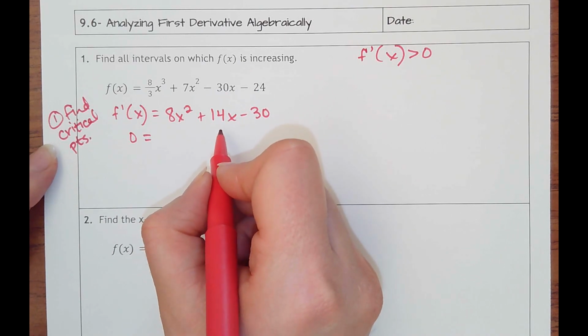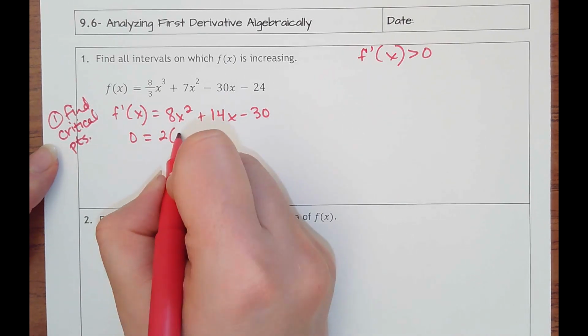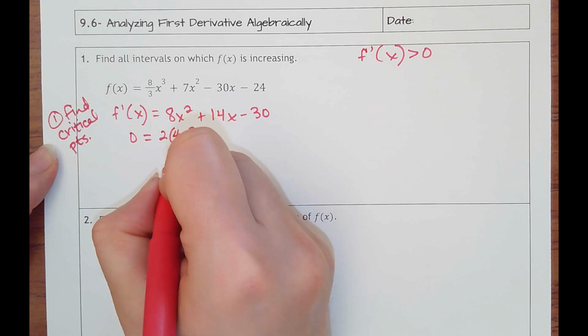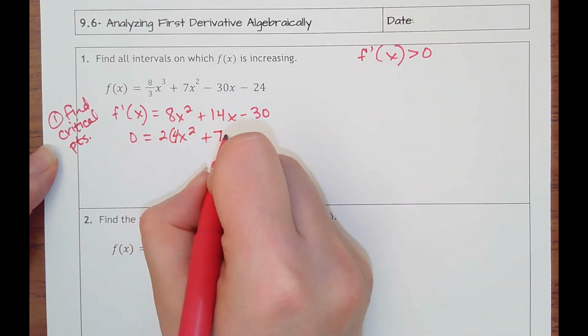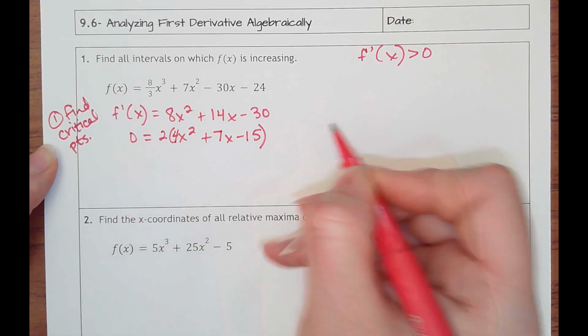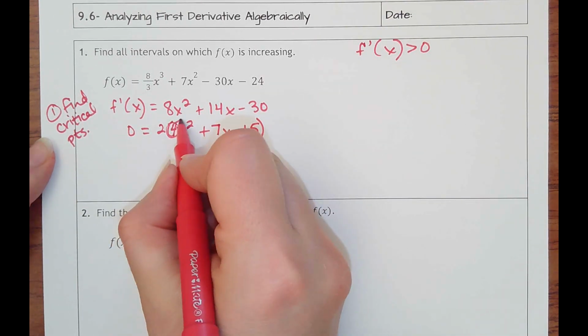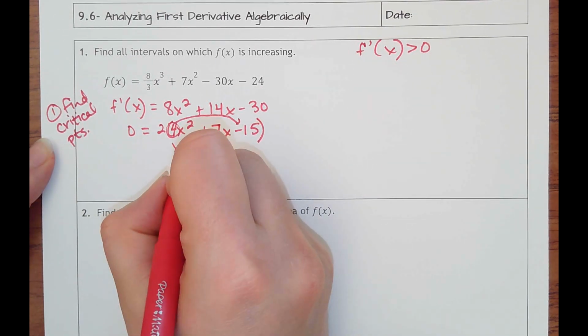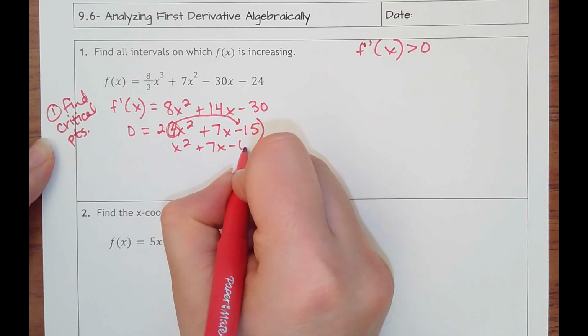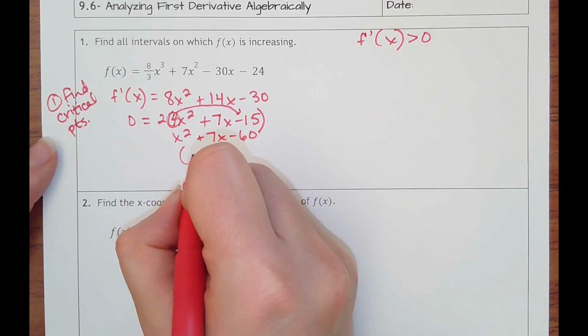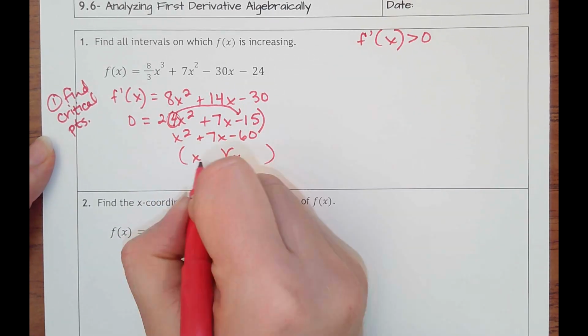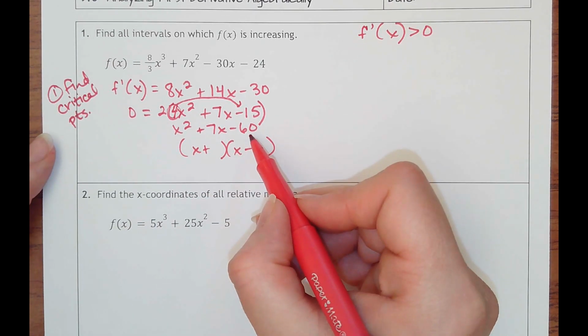I can divide everything by 2. That'd be 4x squared plus 7x minus 15. This is a slide and divide factoring problem, so I'm going to take 4 times negative 15, which is negative 60, and factor that. One's going to be positive, one's going to be negative.